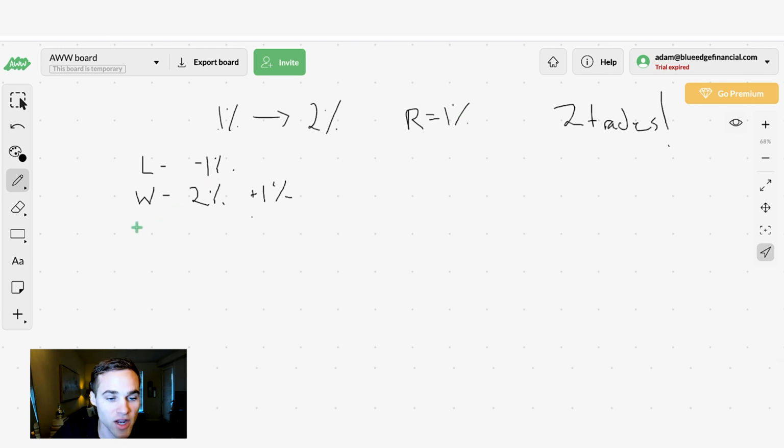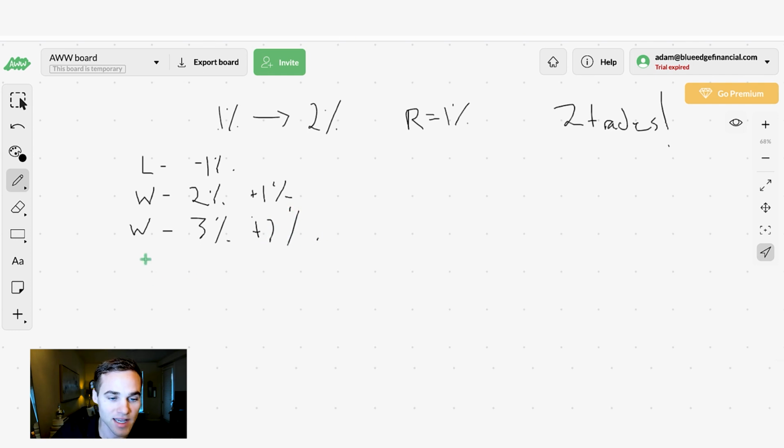So on our next trade, we're actually going to risk the 2% that we won plus R. So that's a total of 3%. And if we win this trade, then we're actually going to earn a total of 6% because we're risking 3% of our account in order to make 2 times that, which is 6%. So in this case, we'd earn 6% and we'd be up 7%.